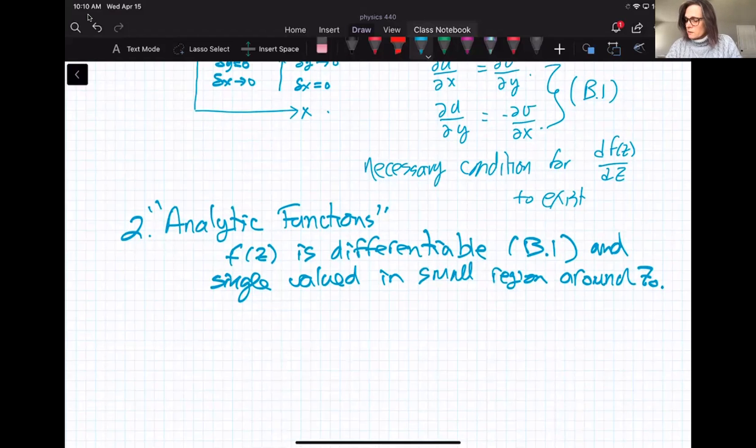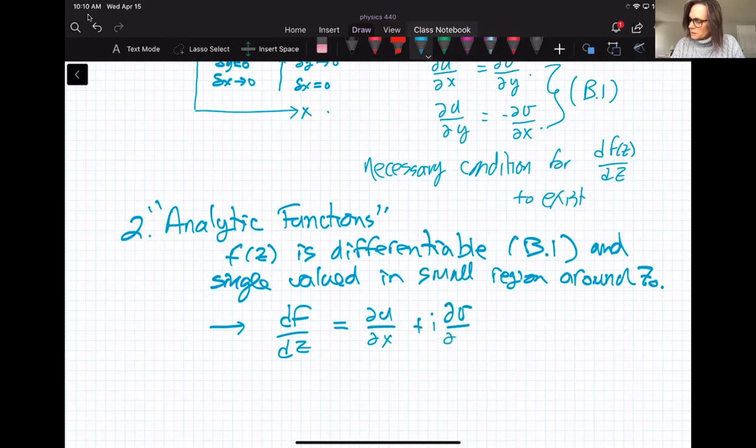What this means is that you can define df dz in terms of the partials with respect to x and with respect to y, but if we use the Cauchy-Riemann conditions, we can write df dz as du dx plus i dv dx, or actually the partial of f with respect to x.